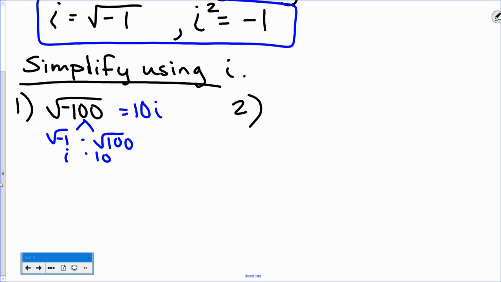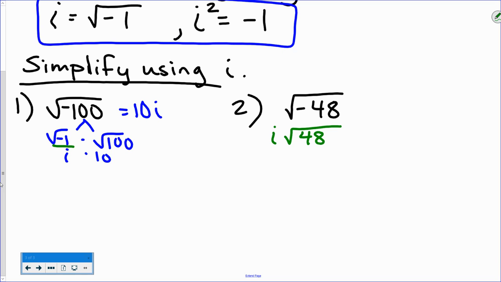Or if I had something like the square root of -48. If you want to write the square root of -1 separately from your 48, you can. Some students will go ahead right away, put the i in front, and leave the 48 inside. That's fine.